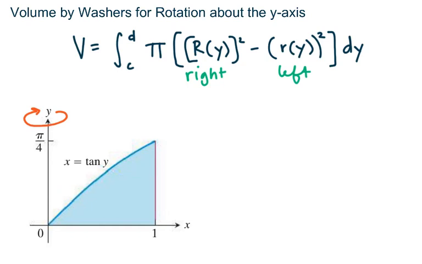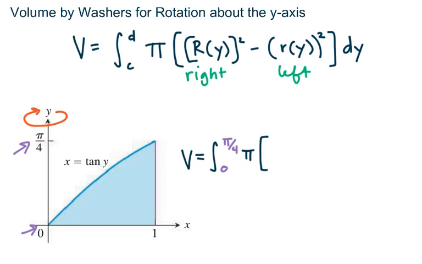Okay, so if we were to set this up, we would say volume equals the integral. My horizontal bounds are going to be from 0 and pi over 4. I'm going to put my pi in there.